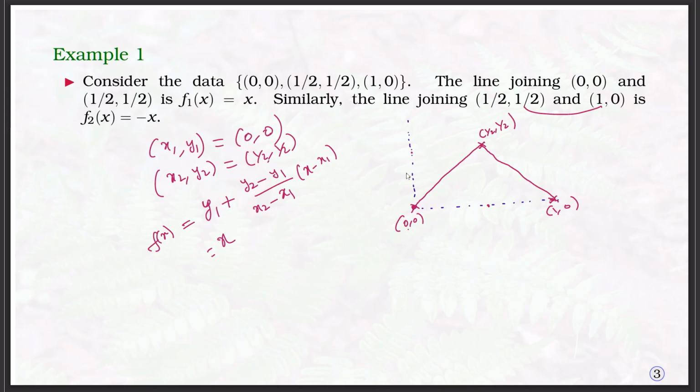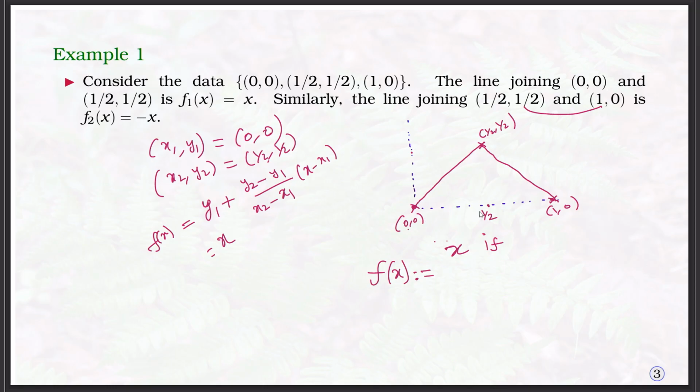So, now this function f1 of x equal to x and f2 of x equal to minus x. So, we need to define the proper interpolation function f of x, which is defined as x if x belongs to 0, 1 by 2.